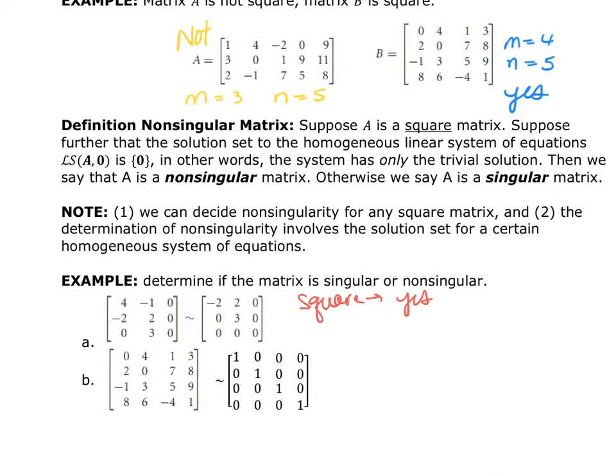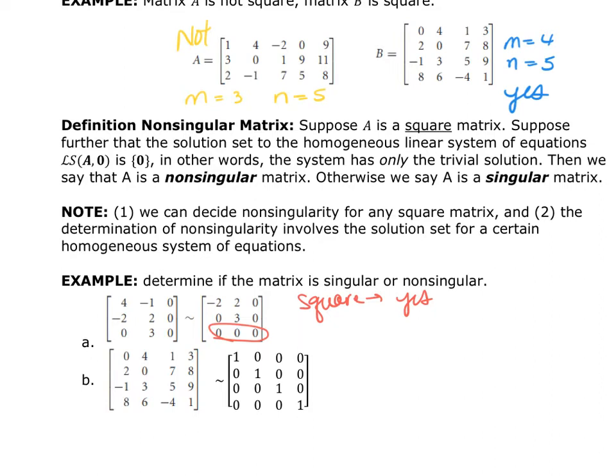So it's square. And looking at A, I ask myself, do I get the trivial solution? And the answer is no. From previous sections, the answer is no because for it to be a trivial solution, I cannot have a row of zeros. If I have a row of zeros, then I know that my null space for this matrix is not going to be the trivial one.